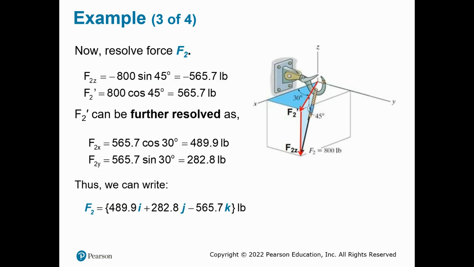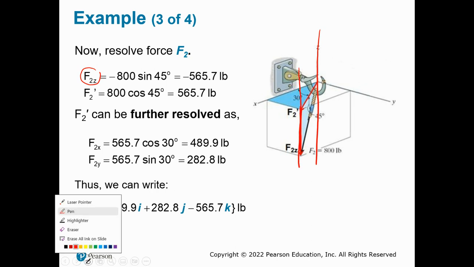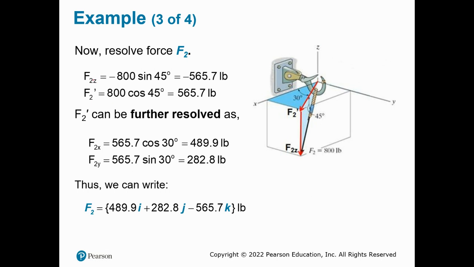F2, like I said, we need to break it twice. First, we're going to project that F2 into the XY plane. So step number one: F2 is breaking down into F2z, which is this one. You see it's parallel to the Z-axis, and it's in the same direction as my F2z.